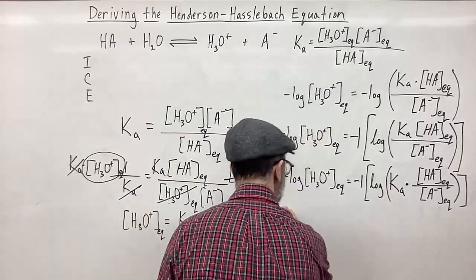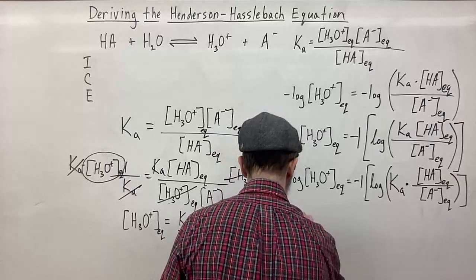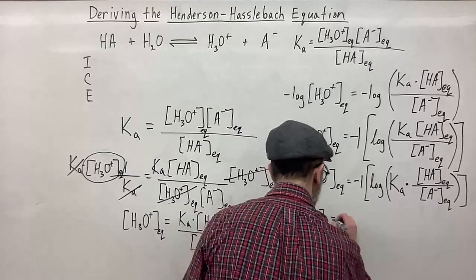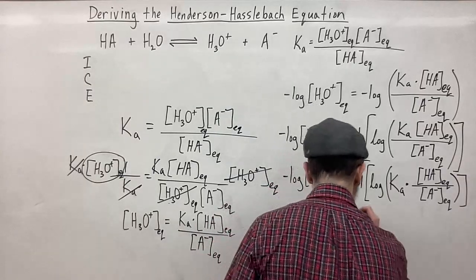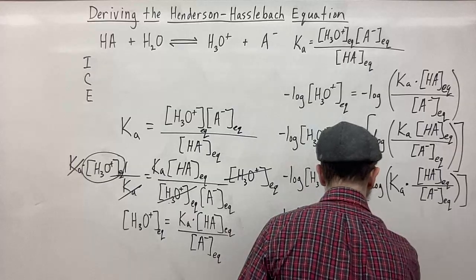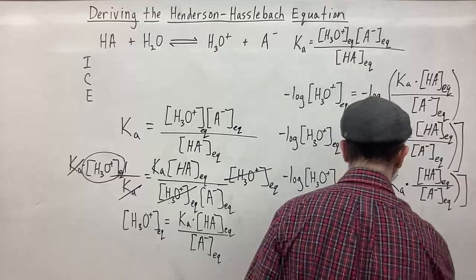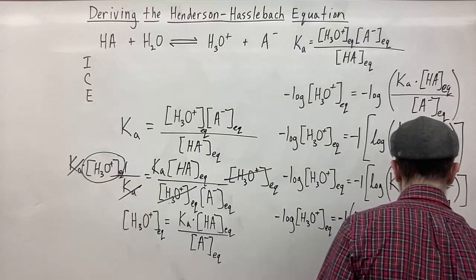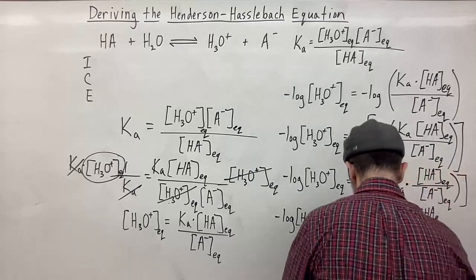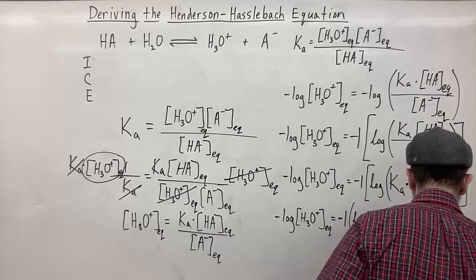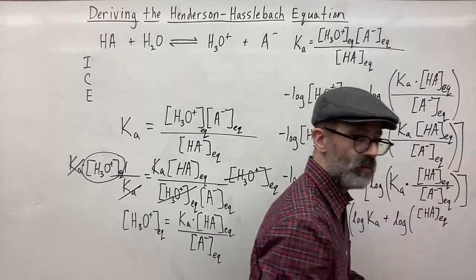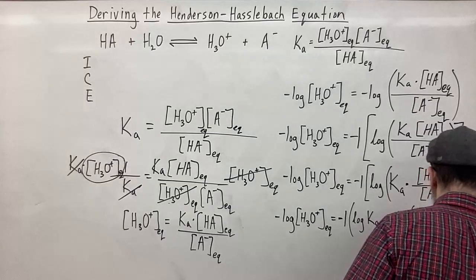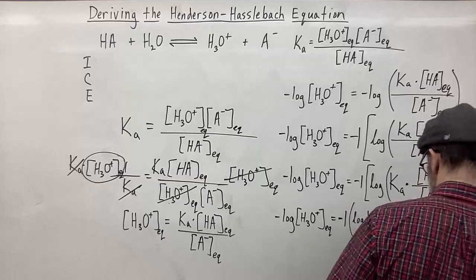So now I have the negative log of the H3O+ concentration at equilibrium equal to -1, and I'm going to put this in parentheses, the log of Ka plus the log of HA at equilibrium over the concentration of A- at equilibrium, like so.